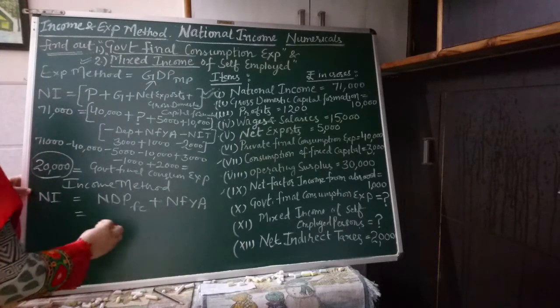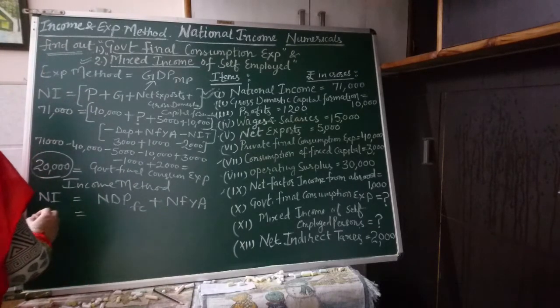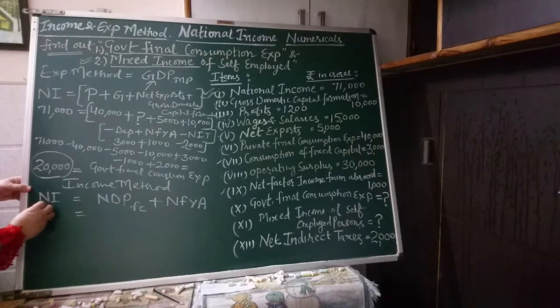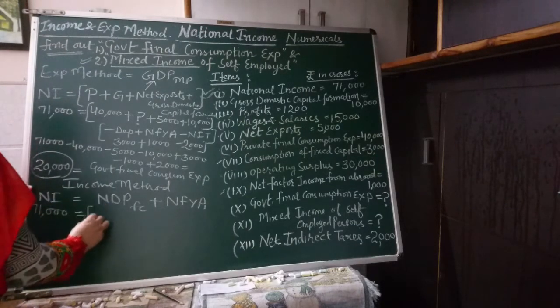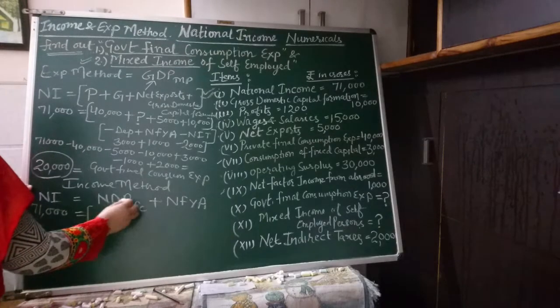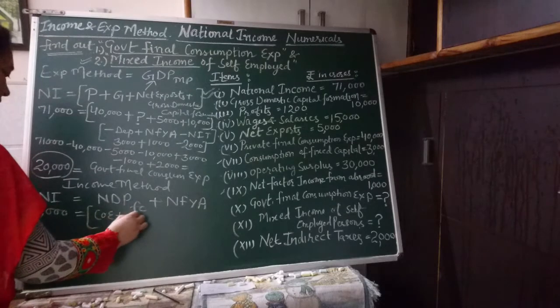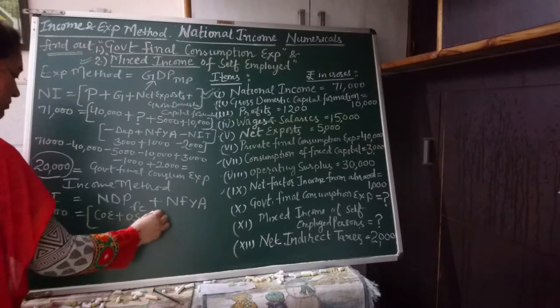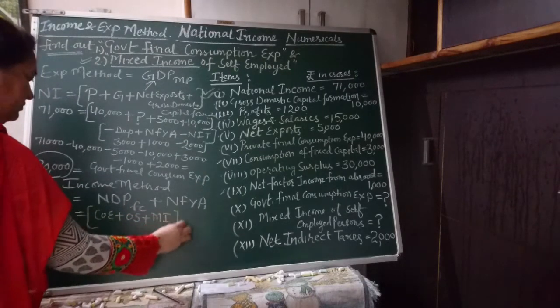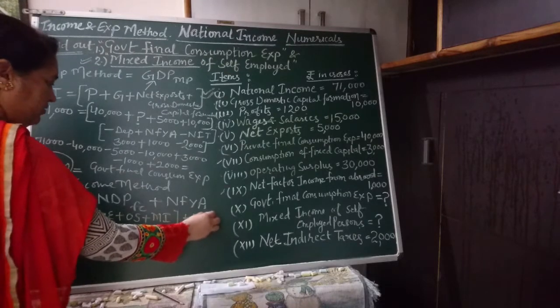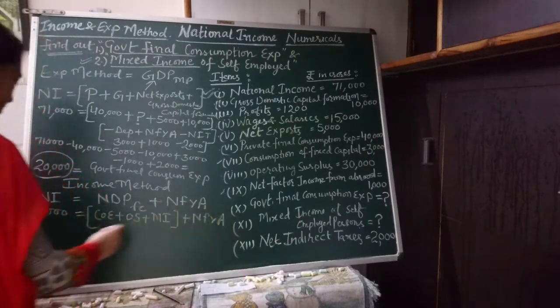The value of national income is 71,000 and the components of NDP at FC are: compensation of employees plus operating surplus plus mixed income, plus net factor income from abroad. Let us put the values in it.